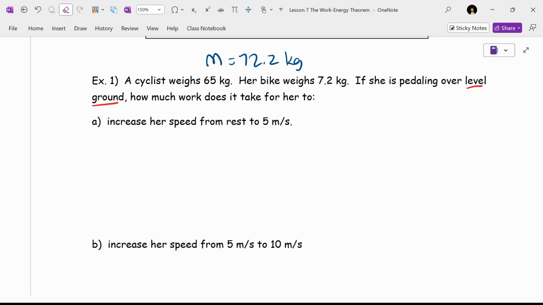My next thought would be to look for a force versus distance graph and find the area underneath it. Do you see a force versus distance graph? As a last resort, I move to the work energy theorem. Write this down.